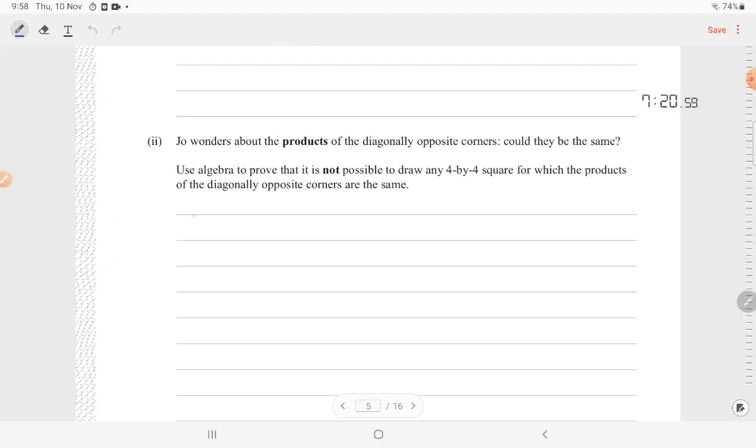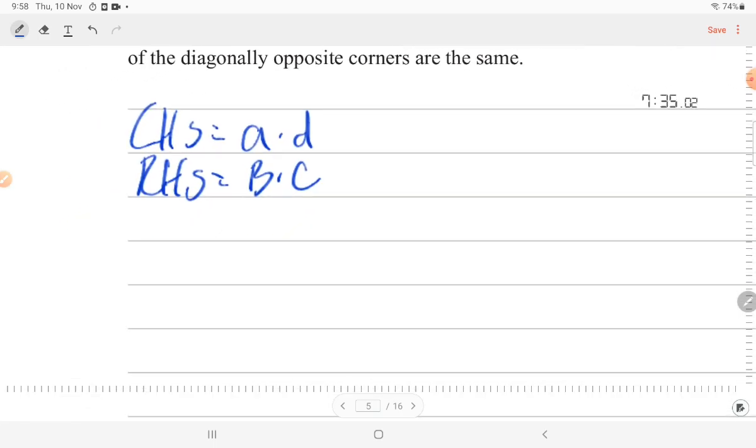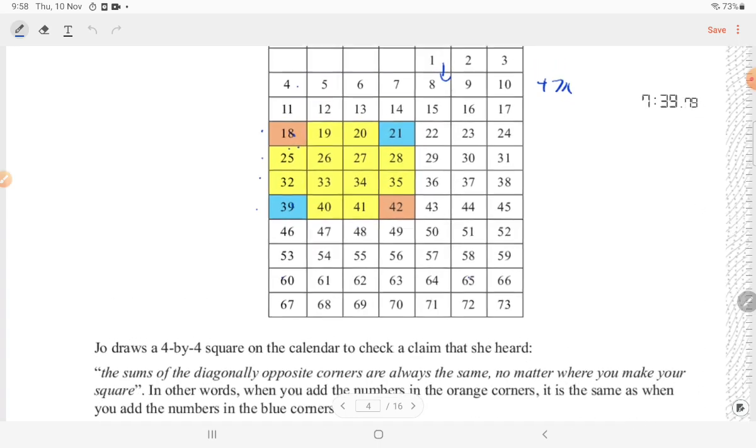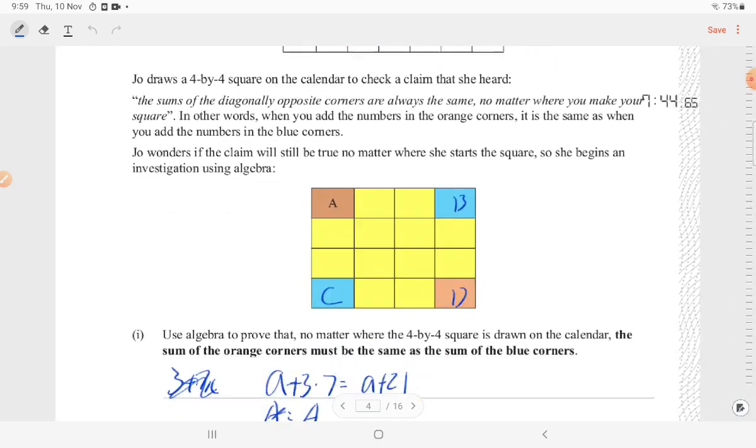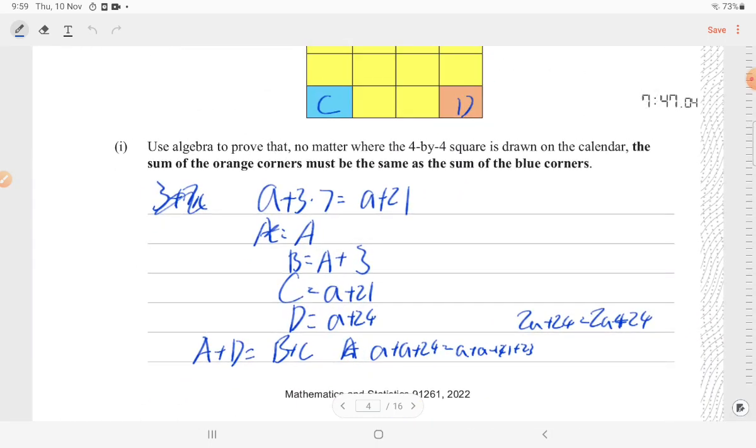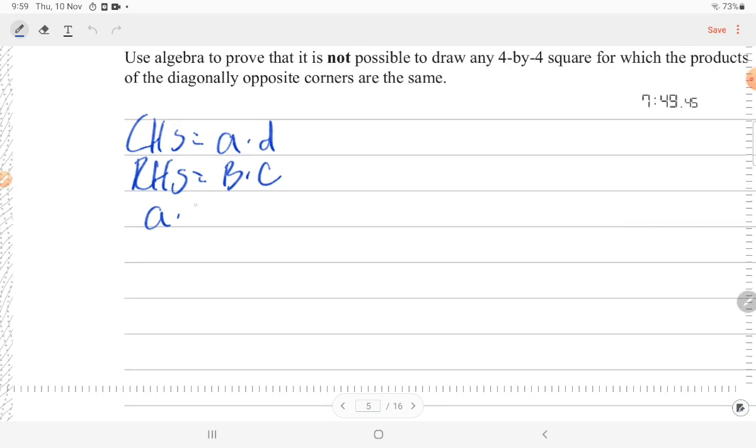Okay, the left hand side is equal to a times d. Right hand side is equal to b times c. So a times a plus 24 is the left hand side.